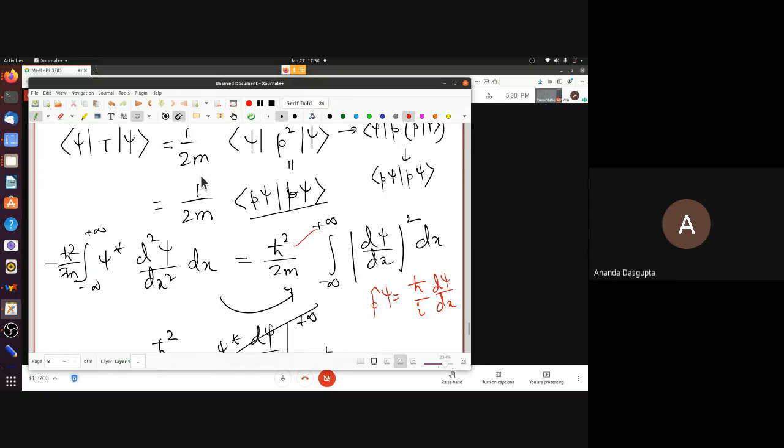In the other way of doing this, all I have done is use integration by parts, right? And the other method is demanding that the momentum is Hermitian.